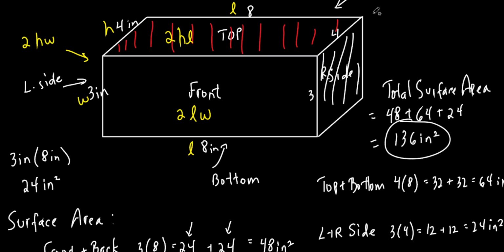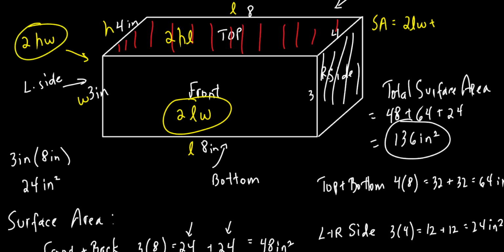So here's the formula. Again, this is why I don't really care for this formula. To me, I'm just going to look at it, figure out all the sides, multiply them together, find the rectangles and add them all up. But anyway, here it is. So the total surface area, I'll put SA for surface area, equals 2LW, and then 2HW, and then 2HL.